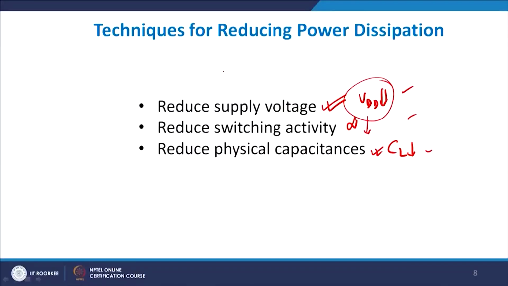So, the rule of thumb is that if you are working with 180 nanometer technology, your VDD should be 1.8, if you are working with 90 nanometer 0.9, if you want 65 then 0.65, if you are working with 130 then 1.3 volts and so on and so forth. If you are working with 45, 0.45.